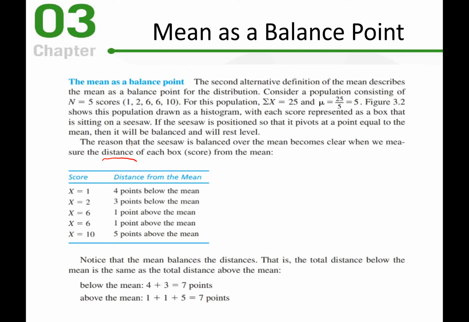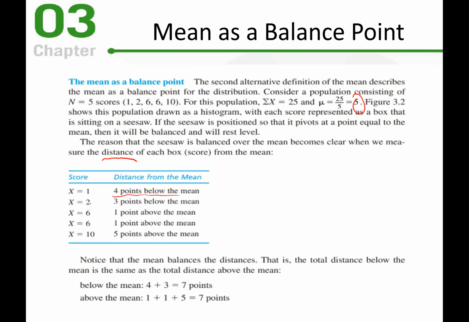We measure the distance of each score from the mean. So again, the mean was 5. Let's take each score and see how far the score is from the mean. One of the scores is 1, so this is 4 points below the mean.